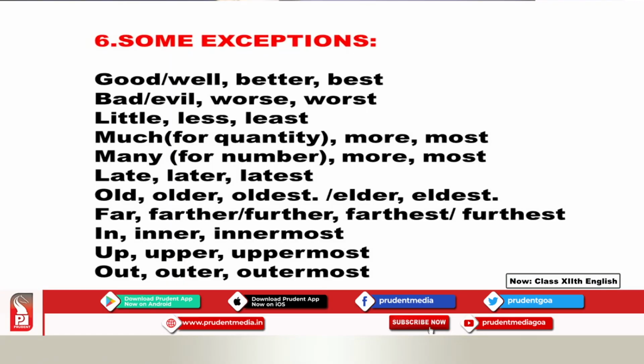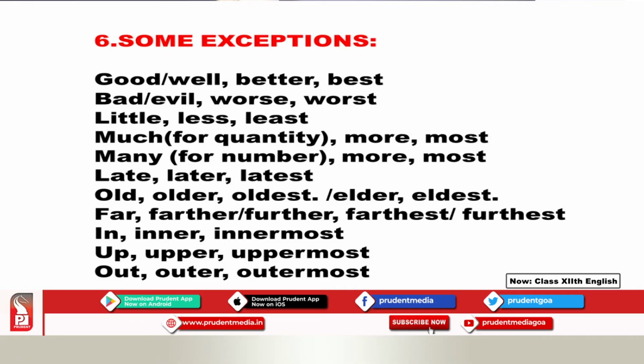Good or well. Then the comparative is better and the superlative is best. You can go on reading them. I will not tell you which is comparative, superlative. You will understand.